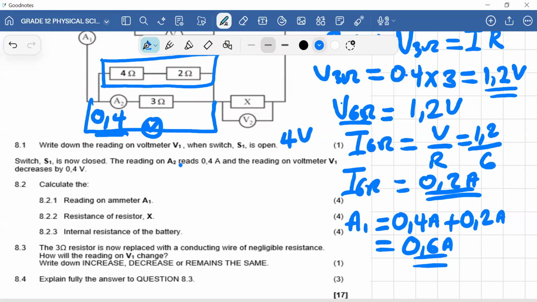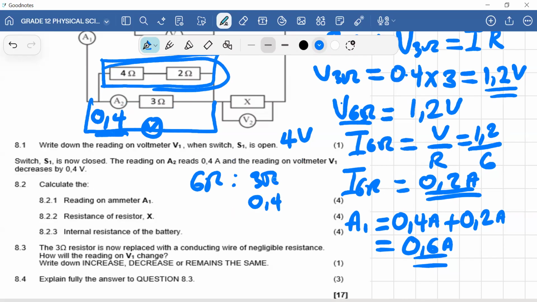So if I add these two, I get 6. So if I say 6 ohm resistor is to 3 ohm resistor, I'm just doing another way to find the current that goes through that 4 plus 2 ohm resistor. Now I am giving the current here to be 0.4.